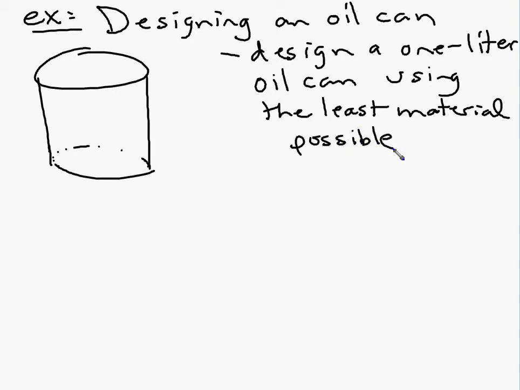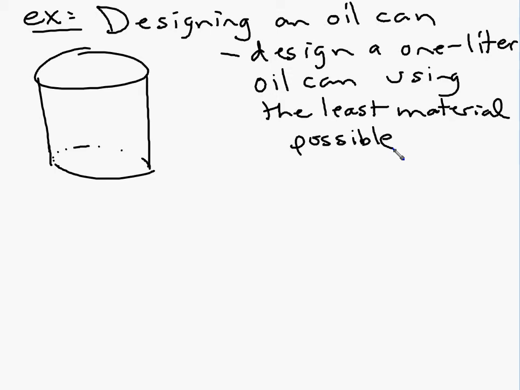So we're trying to save money on our oil can. Save the environment, because we're worried about using too much metal. So, well, we need to come up with some formula work here.